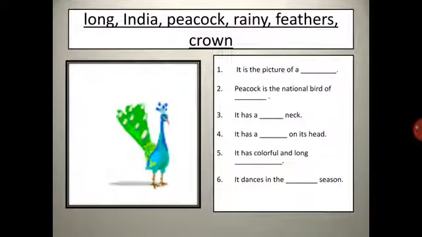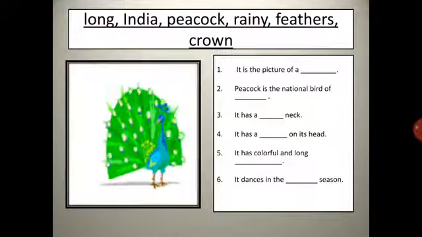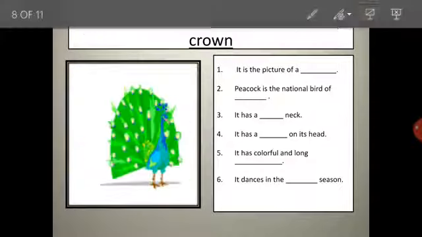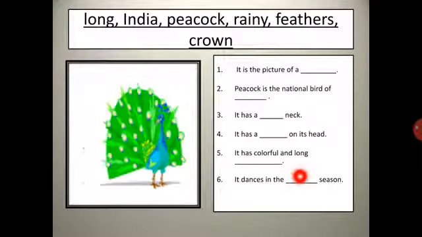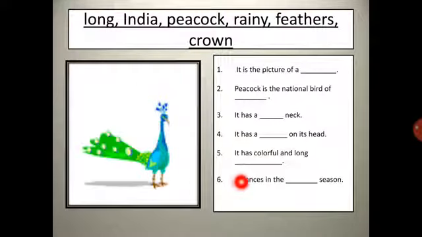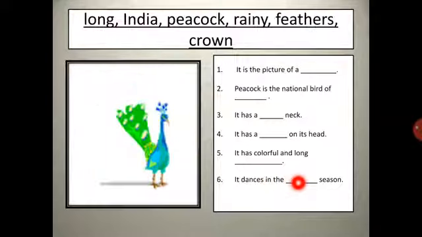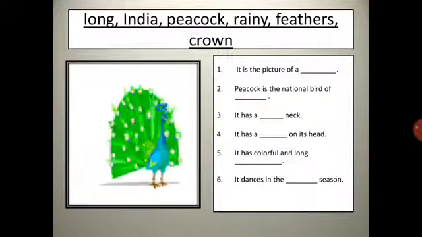So children, in which season peacock dances? Yes, in rainy season. So rainy will come here. So the statement will be it dances in the rainy season. So children, I hope that you have understood this.